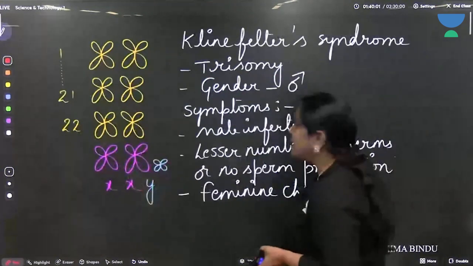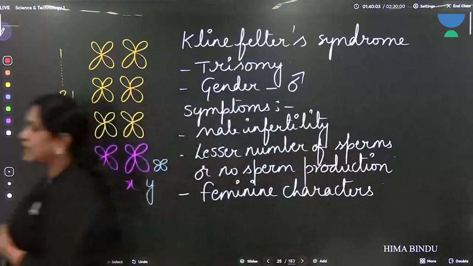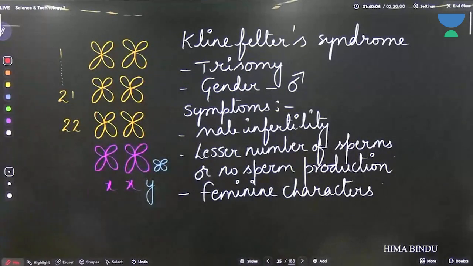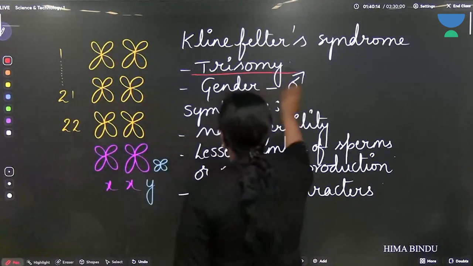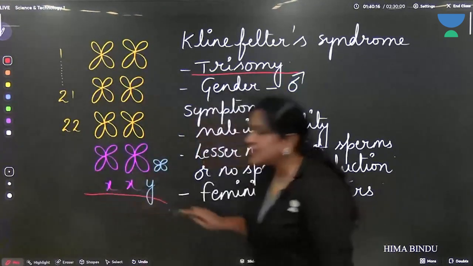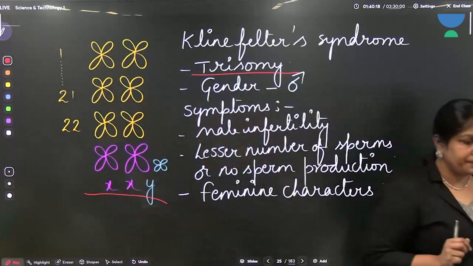Next one is called Klinefelter's syndrome. Use the name once. Again, Klinefelter is the scientist who identified this disease for the first time. This is also trisomy, but this is XXY.